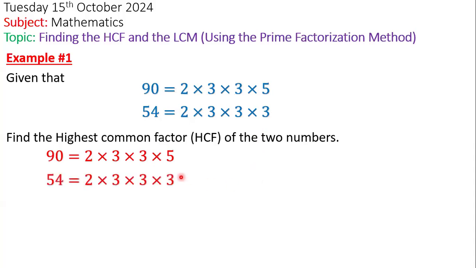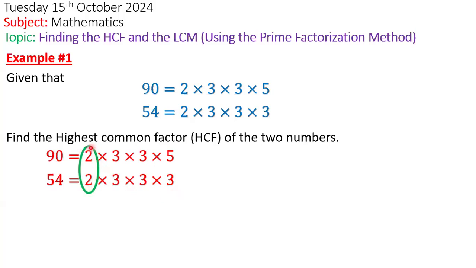So write this down what I have. In order for us to do this, we have to relist the prime factors of 90 and 54. And then we want to circle the common prime factors. So what is a common prime factor? 2 is common in both.